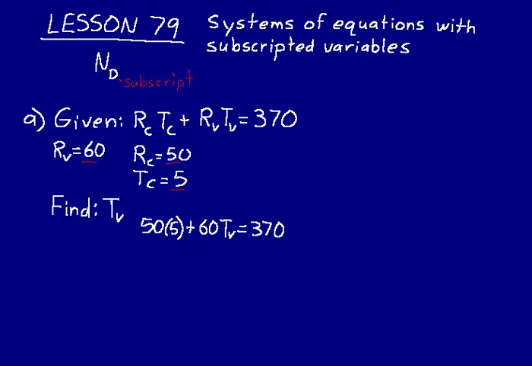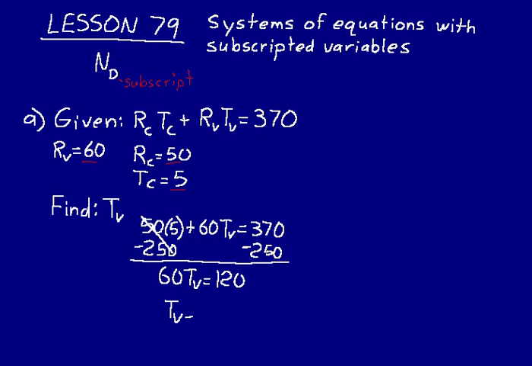Now 50 times 5 equals 250, so let's subtract 250 from both sides. That'll cancel on the left, and we'll be left with 60 TV equals 120. Divide both sides by 60. TV equals 2. And so there's our answer to that relationship.